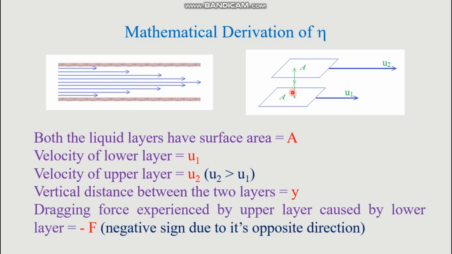The upper layer is experiencing some dragging force caused by the lower layer. Since this layer is moving in this direction and the dragging force is in the opposite direction, it gets the negative sign.